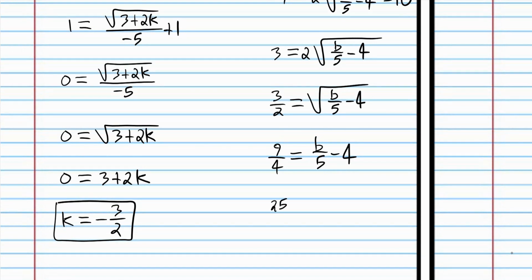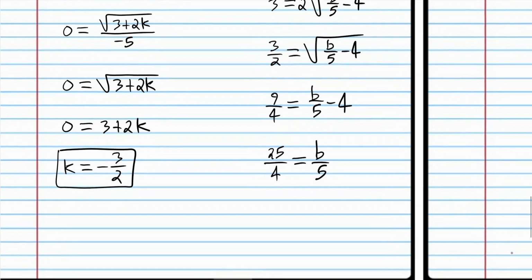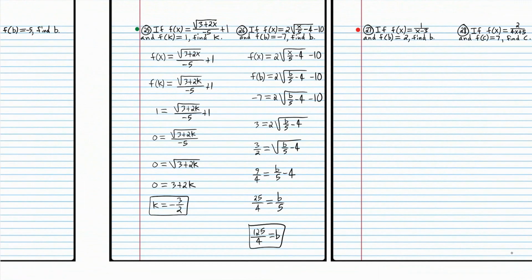And we get 25 over 4 is equal to b over 5. Then we're going to multiply both sides by 5, and we get 125 over 4 is equal to b. So if you got that right, excellent.